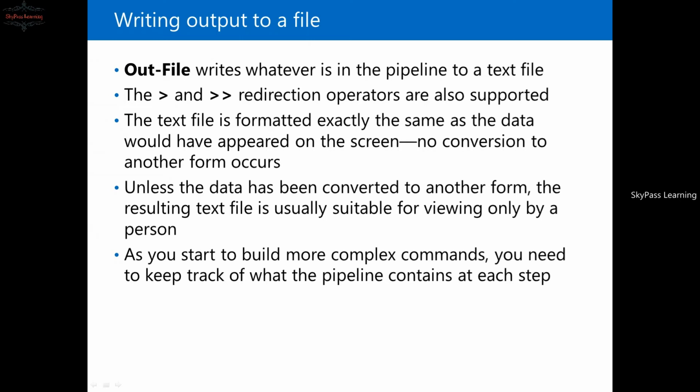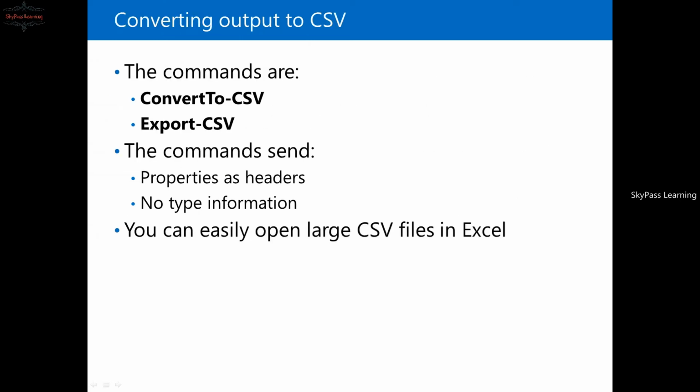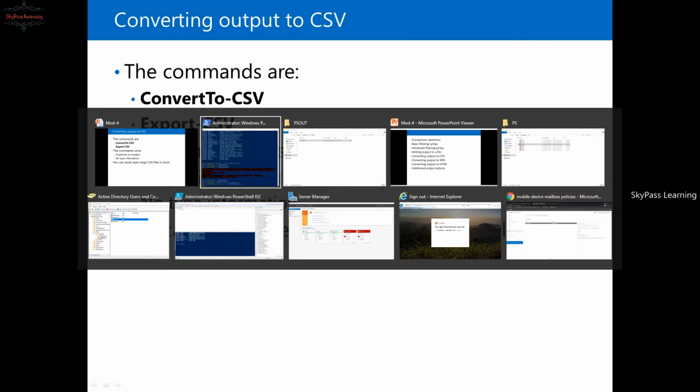We can also convert the file to CSV or export the file to CSV. In that scenario, you get the properties, the header and the information. Basically, CSV files can be easily opened in Excel. This is the best part which you get. Currently I have exported into a text file. If I want to keep it CSV, I can also name it as CSV, but it will not exactly save the file in CSV format.